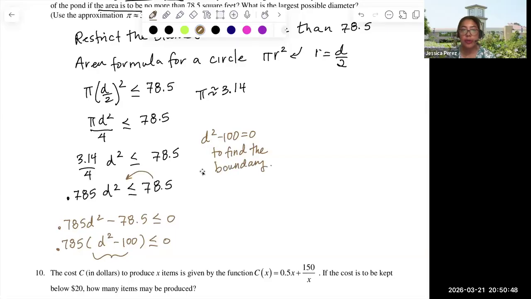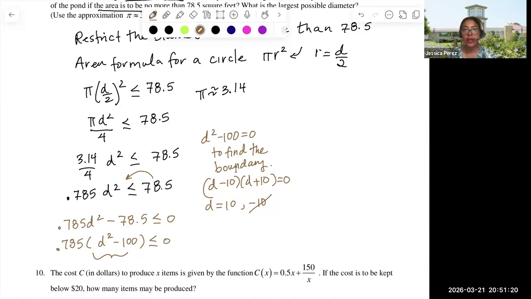And then notice that those boundary points will be included because I have a less than or equal to. So this gives me d minus 10, d plus 10 using difference of squares. So d is equal to 10 and negative 10. Now, because I'm looking at the diameter, with units, negative 10 will not be part of my answer. Only positive values.